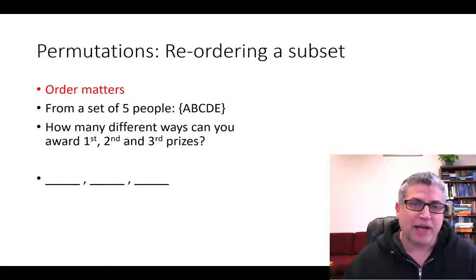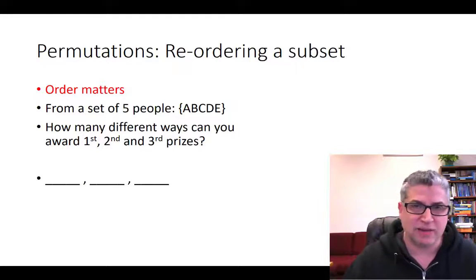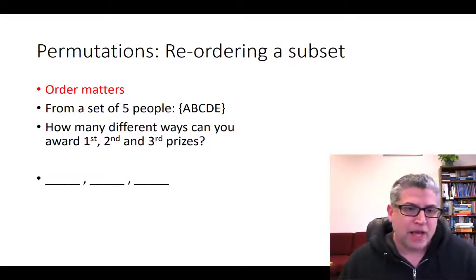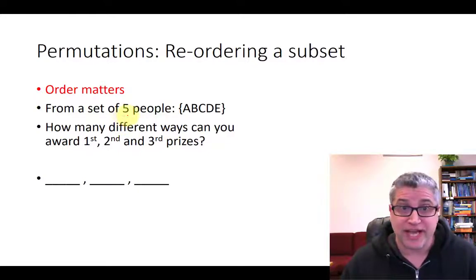This time, I'd like to reorder the items in a list, but I'd like to only focus on a small subset from that bigger list. That sounds abstract. Here's what I mean. Let's do this reordering business, but let's say that we now have a set of 5 people, so a larger set.